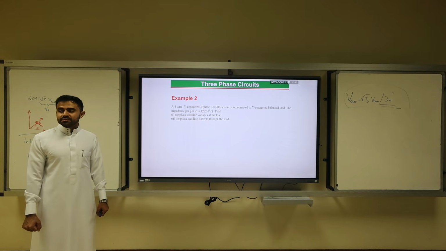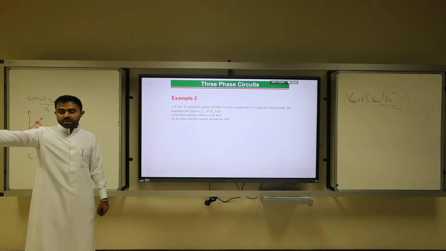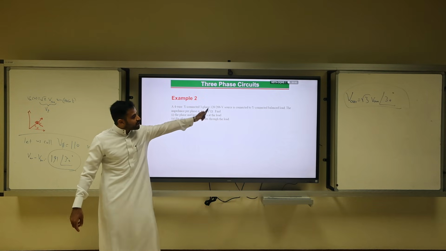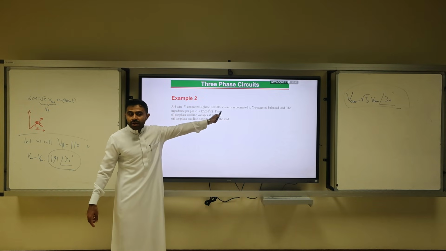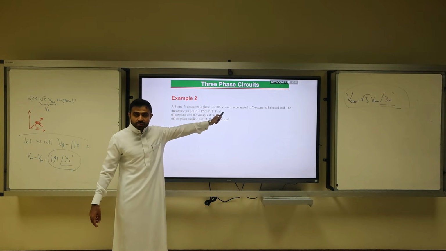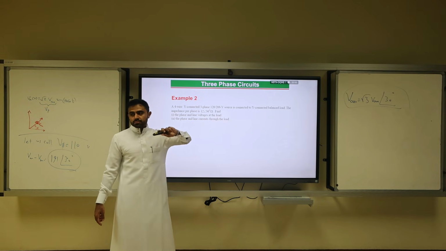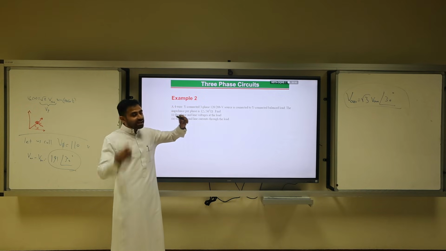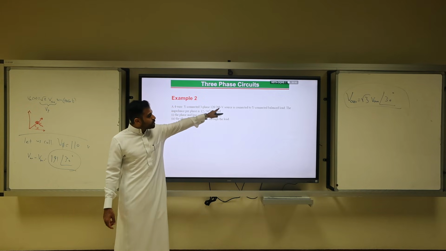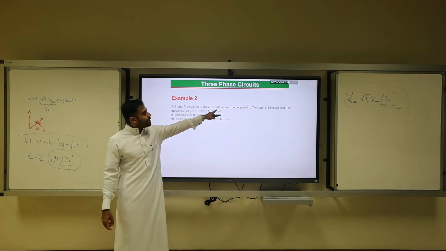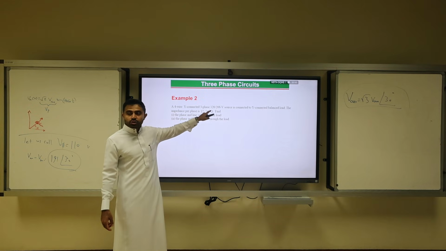This is line and phase. You got it. Line and phase. So 120 is the phase voltage, 208 is the line voltage. Depending on your connection, Y or delta, it depends. If you connect delta, the phase voltage will be 208. If you connect Y, the phase voltage should be 120.